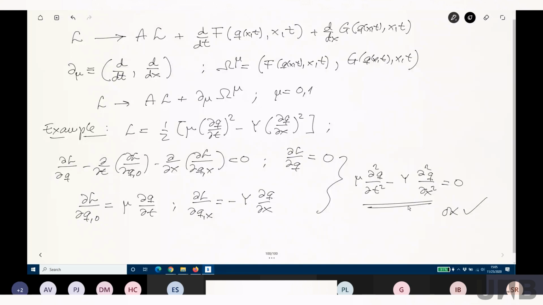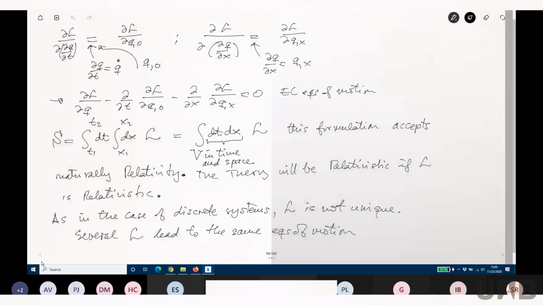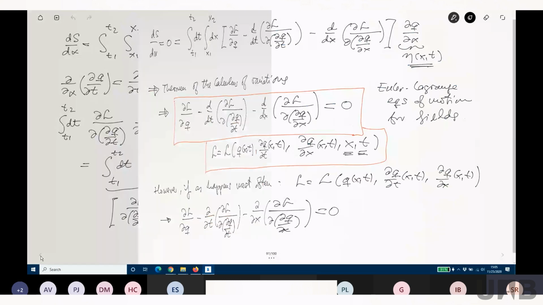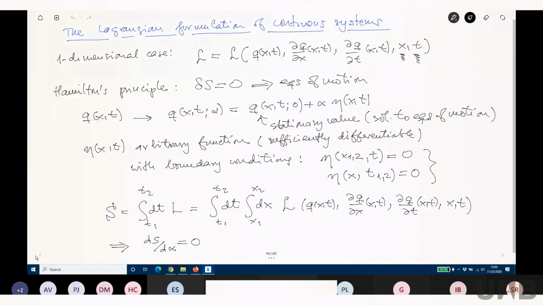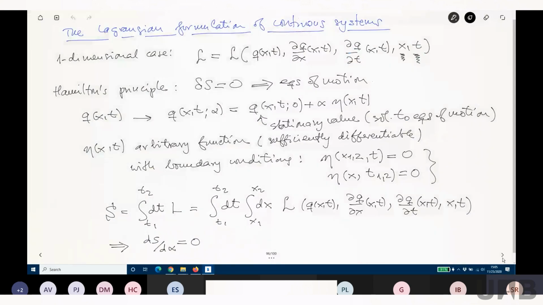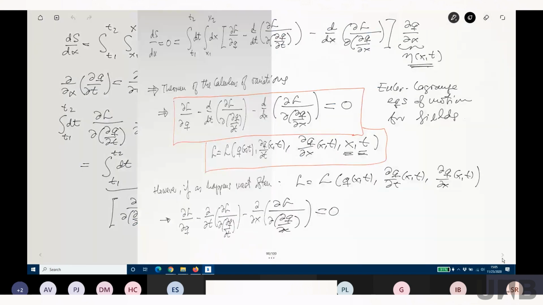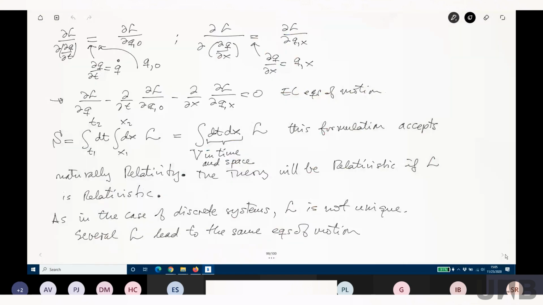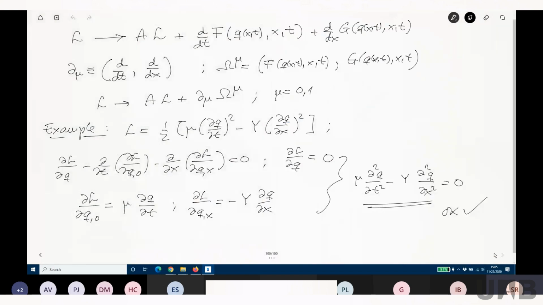Remember, it was a wave equation, right? We can just go back. Here it is, right? So we got it right. The principle of stationary action reproduces the equations of motion that we expect. Okay, so this is good.